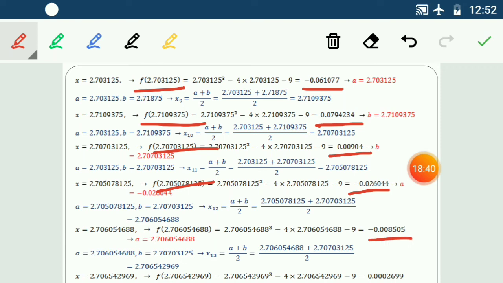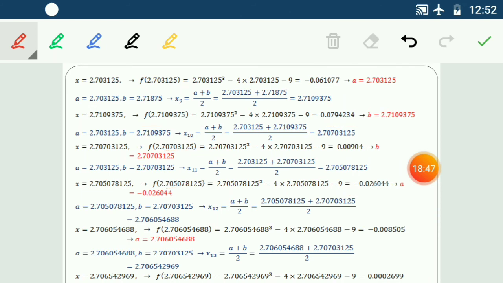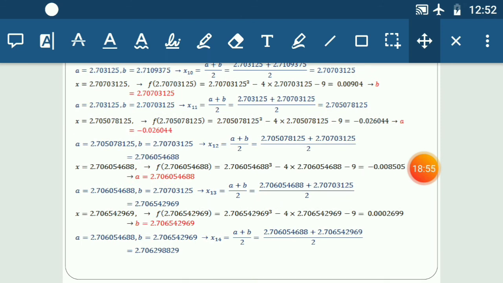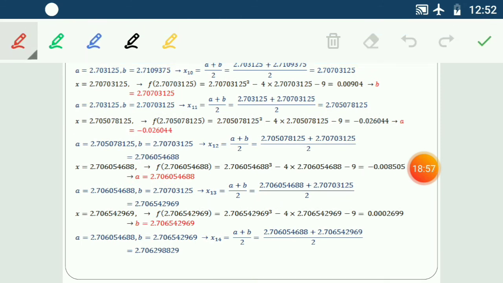Okay, it may take a large number of iterations, but in the question it was given that we have to check for the correct 3 decimal places. So we need not go up to f of x equals to 0. We have to go for the solution up to 3 correct decimal places. So here in this iteration you can see x equals to 2.706, and again in the next iteration it is 2.706, right?